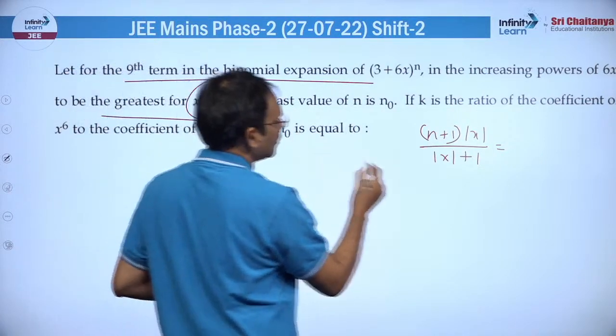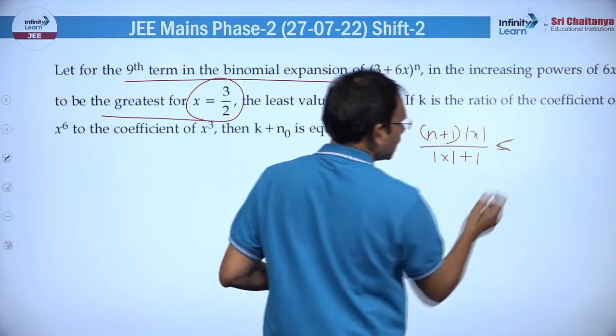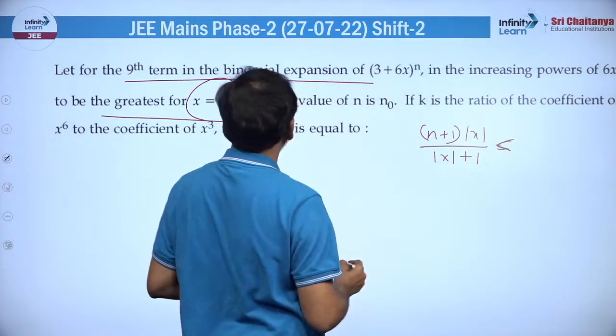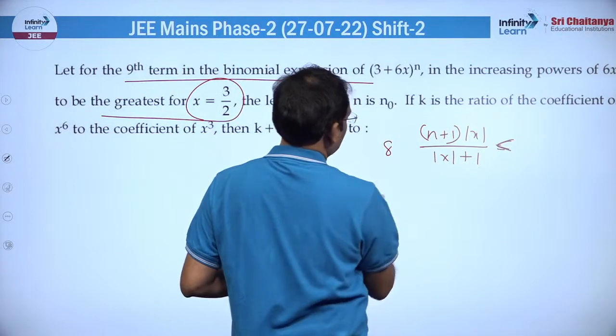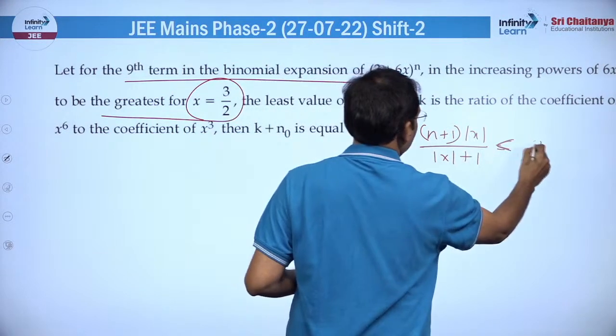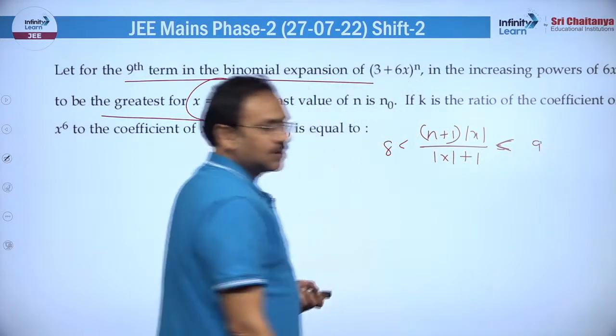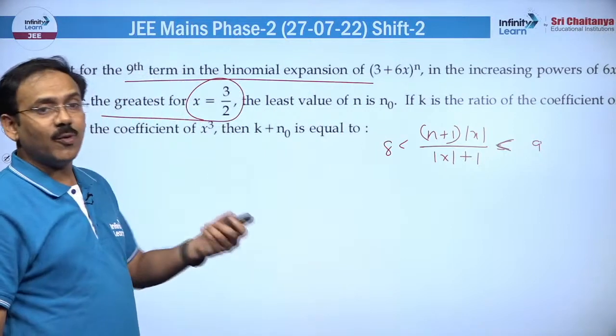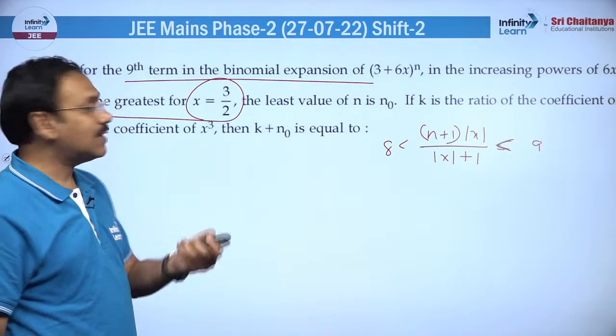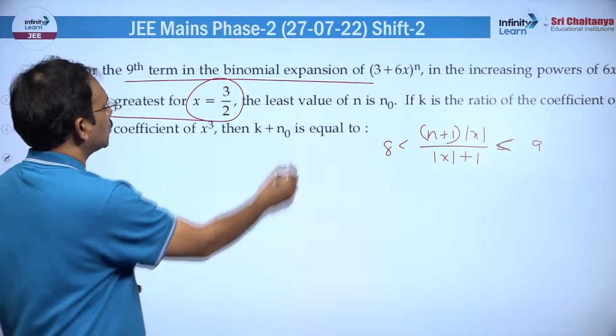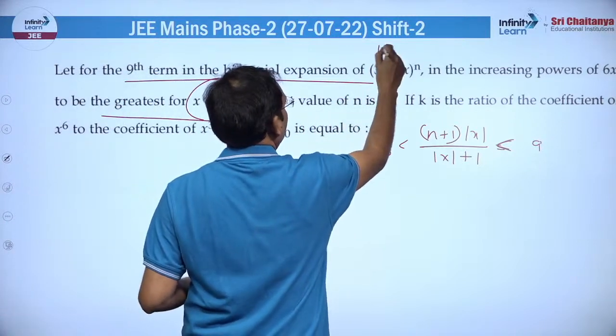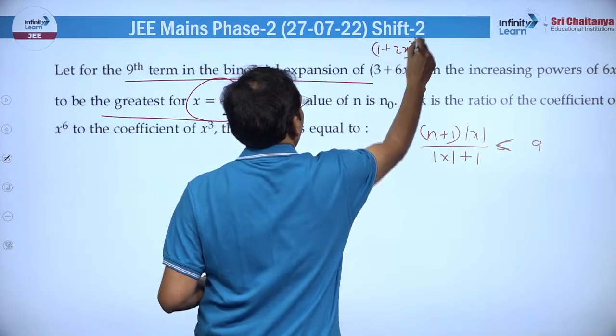So, ninth term is numerically greatest in the sense this must be between 8 and 9, that means 8 point something means you are going to get ninth term to be numerically greatest.